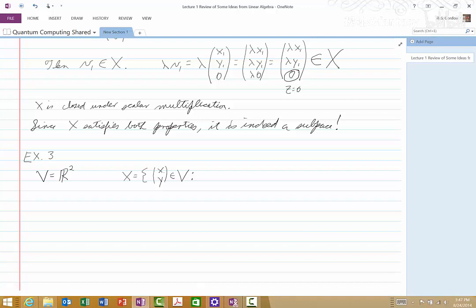And it'll be the set of all vectors in V such that if you take that first component and add it to the second component, the sum is 1.